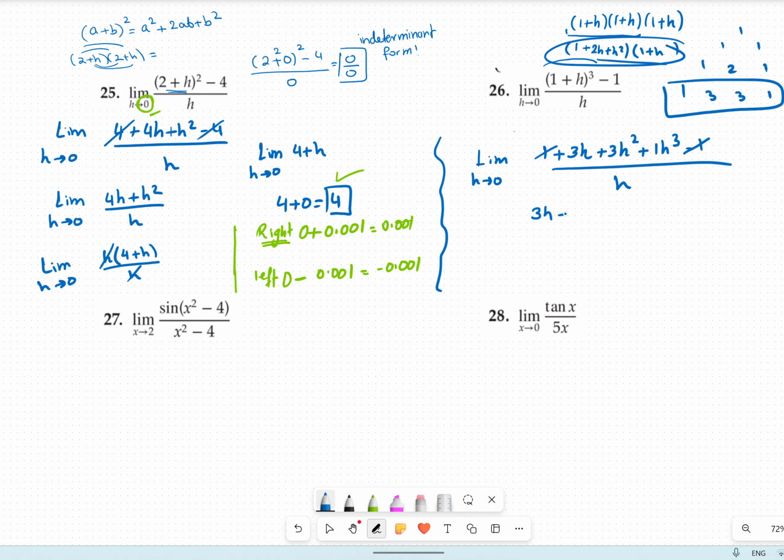I will end up with 3h plus 3h squared plus h cubed over h. Now if you try to do direct substitution here with 0, all of this will be 0 over 0, which is indeterminate form. So I look here, I see that h is repeated. So I can take h as a common factor from these. What will remain is 3 plus 3h plus h squared over h.